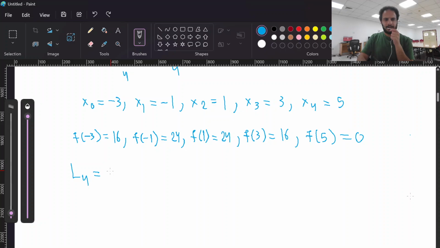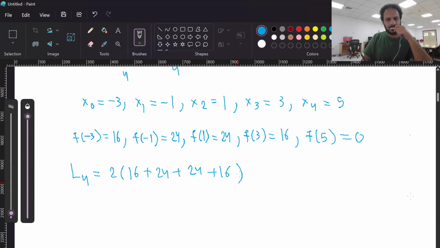Delta x equals 2. 2 times 16 plus 24 plus 24 plus 16. Then this equals what? 2 times 80. Right? Yes, it's right. 2 times 80, then this equals 160.